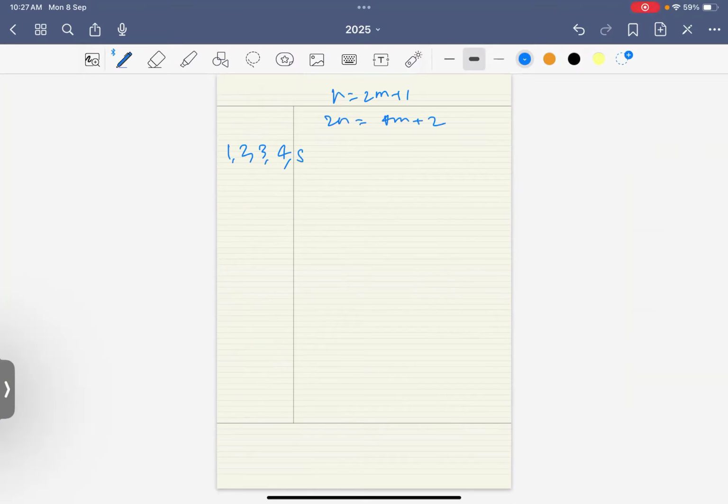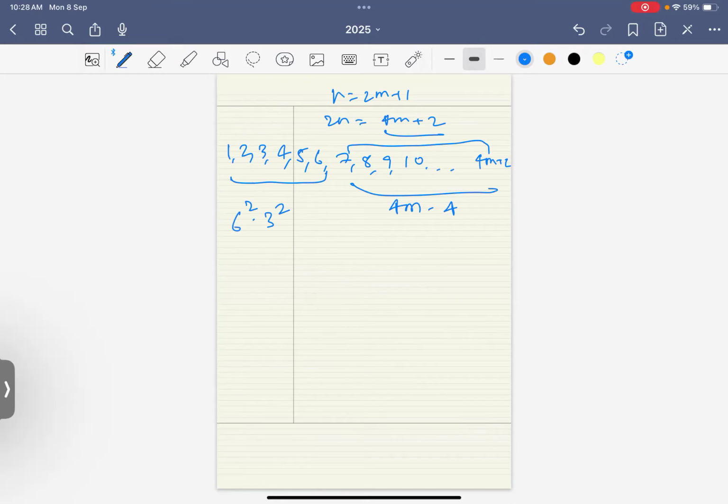वो कैसे होगा? 1 2 3 4 5 6 7 8 9 10 and so on all the way up to 4m plus 2। इतने तक का कंस्ट्रक्शन हमें पता है। वो क्या किसकी इक्वल आने वाला है? वो आने वाला है 6 स्क्वायर इंटू 3 स्क्वायर। अच्छा, अगर मैं 6 टर्म्स यहाँ से हटा दूंगा तो मेरे पास कितनी टर्म्स बचेंगी यहाँ से यहाँ तक? वेल, 4m माइनस 4। एंड मैं इन दोनों को ऐड करने वाला हूँ। तो उन दोनों को ऐड करके क्या आएगा मेरे पास? 4m प्लस 9। फिर इन दोनों को ऐड करने के बाद कितनी बार आएगा मेरे पास 4m+9? 2m - 2 times, which is a perfect square because this number is even, and we are done.